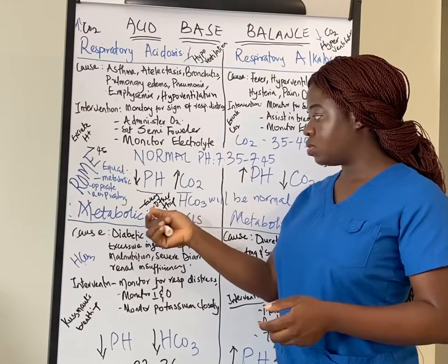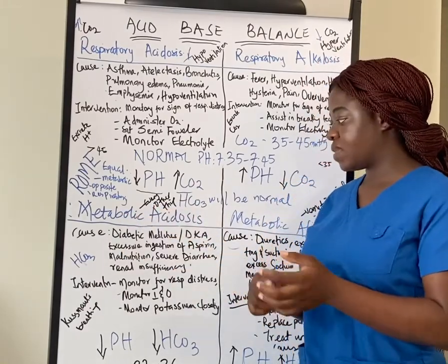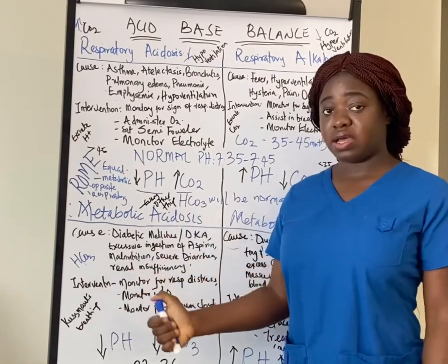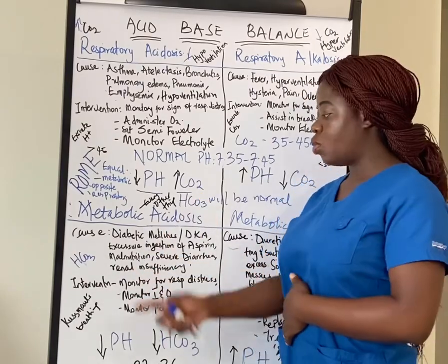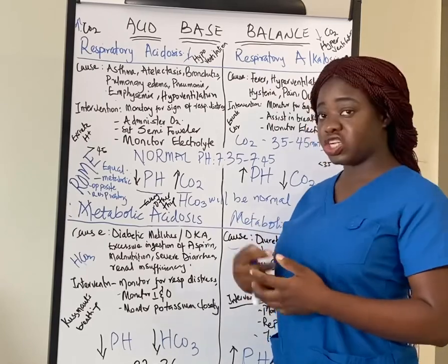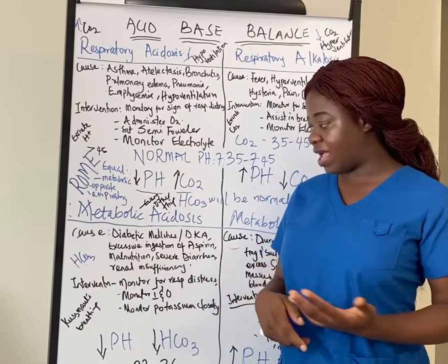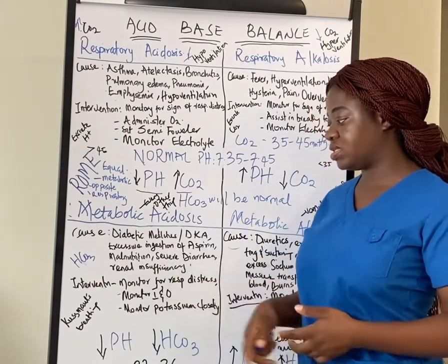This leads us to metabolic acidosis. The causes of metabolic acidosis: we have diabetes mellitus, DKA, excessive ingestion of aspirin, malnutrition, severe diarrhea, and renal insufficiency.